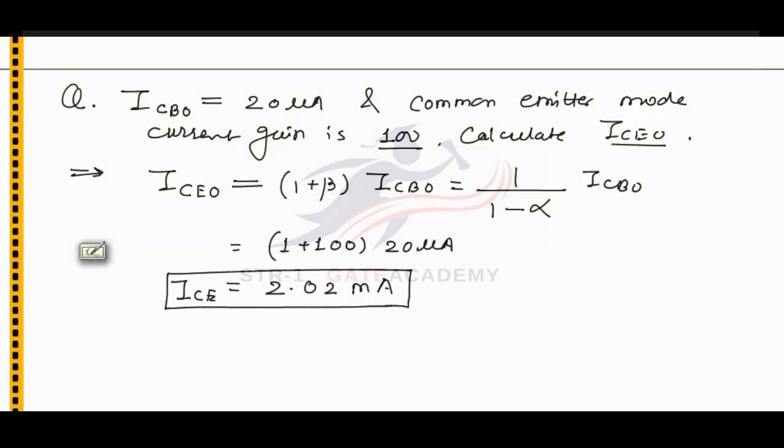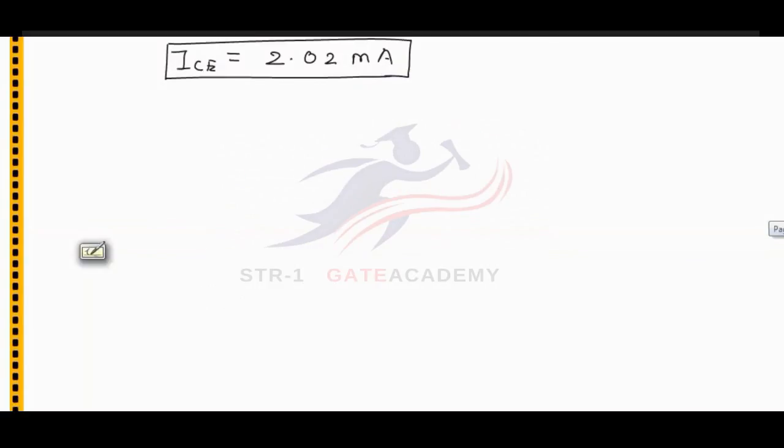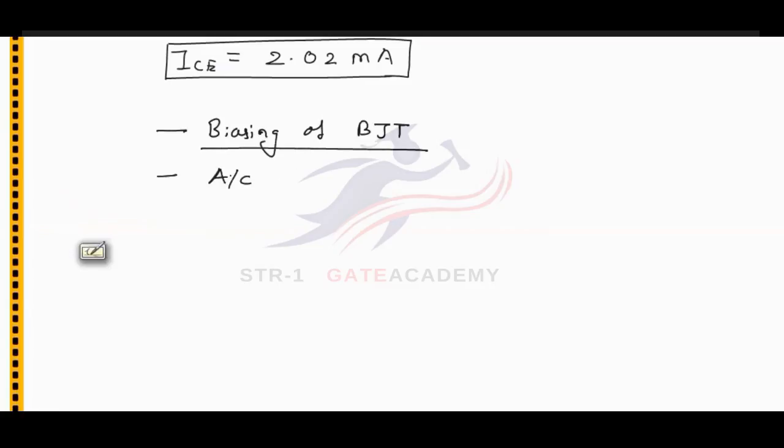Now, apart from these topics in BJT, we have some more topics, that is biasing of BJT. There will be problems on biasing. Next, AC analysis of BJT.